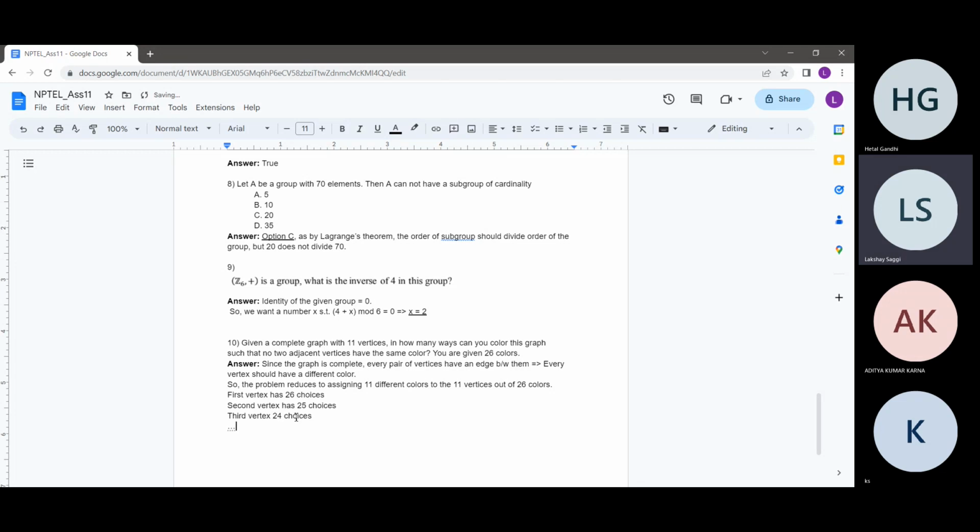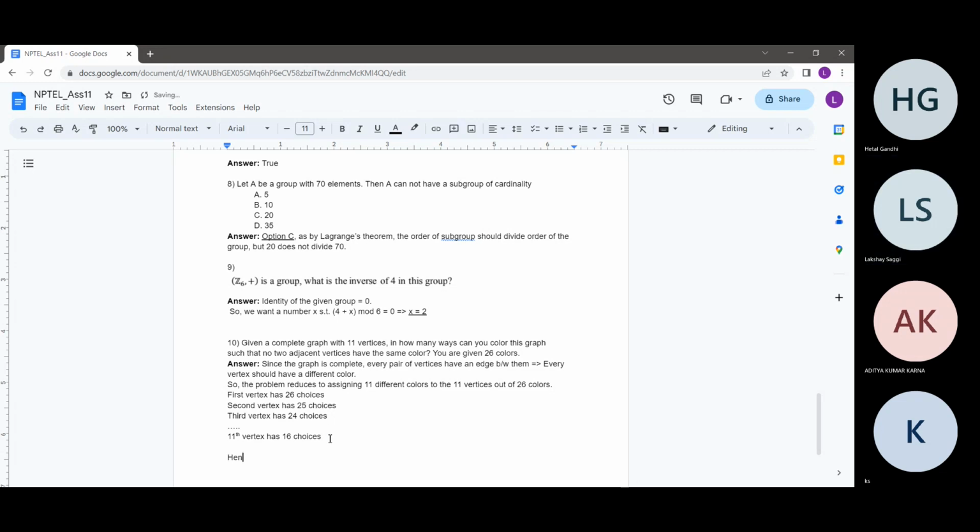And if we go on, the 11th vertex will be left with only, okay, not 11 choices, sorry, 16 choices. How can you see it? The first vertex has 26, the second has 25, so the 11th will have 26 minus 11 plus 1, which is nothing but 16.